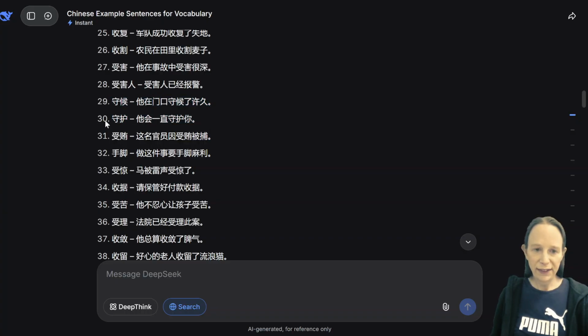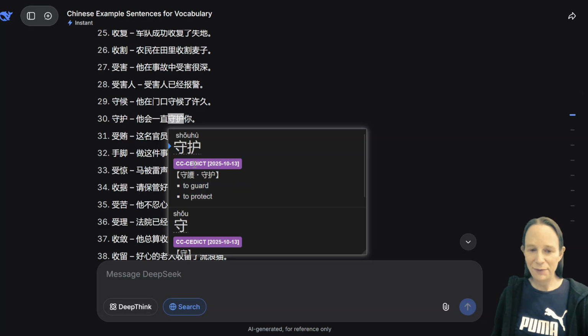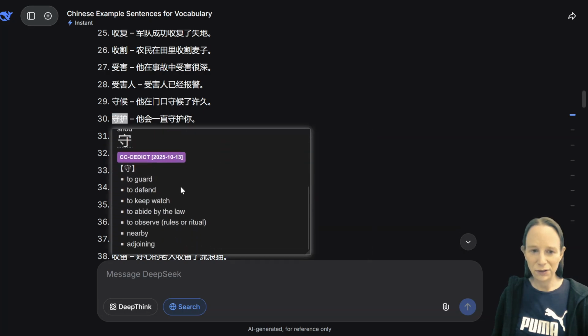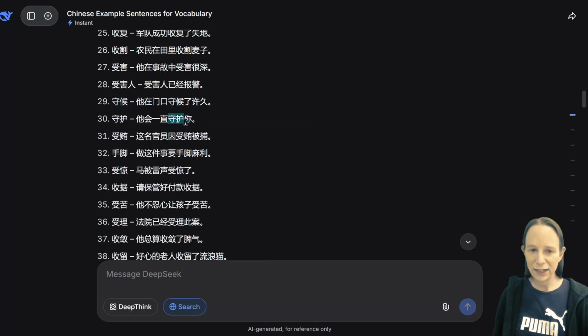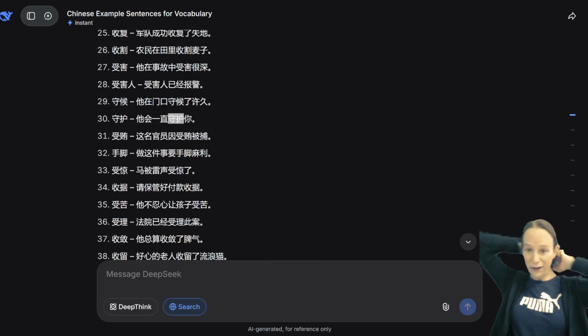守护. Yeah, both 守 and 护 mean protect. So 他会一直守护你. Okay, so he will always protect you. Guard, protect. 守 as guard, yeah, guard is a better one. 护 is protect. So guard and protect. Mush those together into a verb and you get 守护.